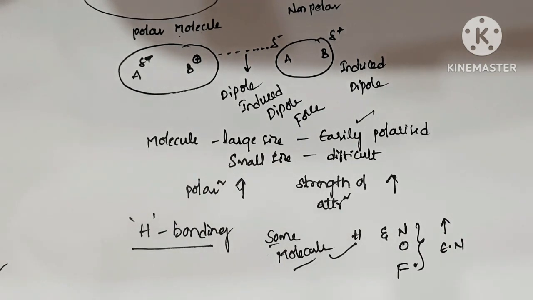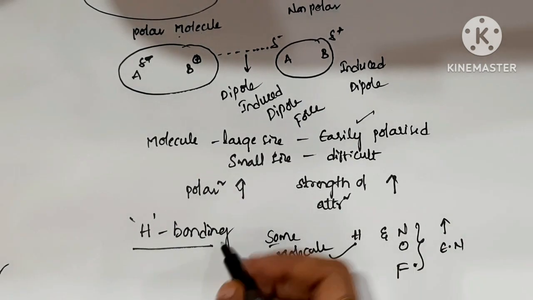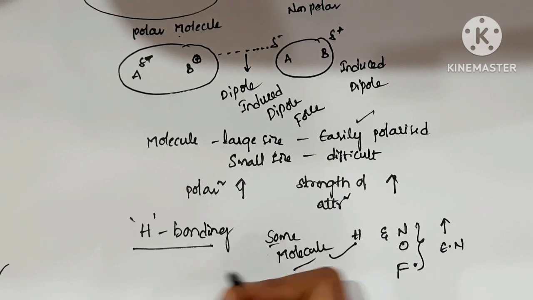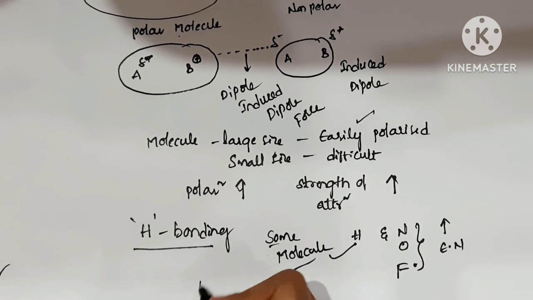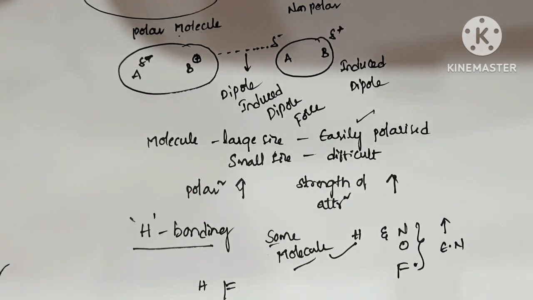There is also a simple aspect. Hydrogen has less electronegativity than fluorine, right? So here, because of high electronegativity, fluorine gets negative charge, hydrogen gets positive charge, right?